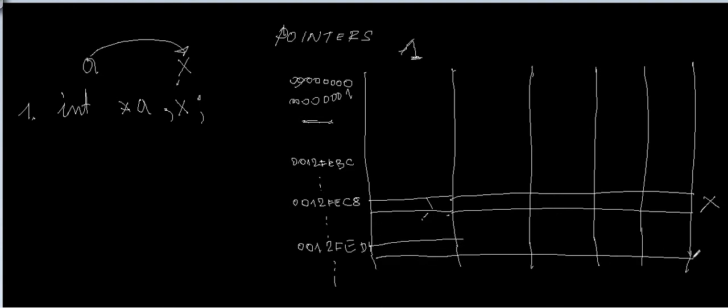Also in other lines of the code, this address will belong to the same pointer a. So in line 1 we have reserved two places in the memory, this for the variable x and this for the pointer a.